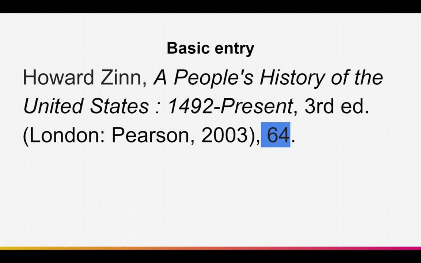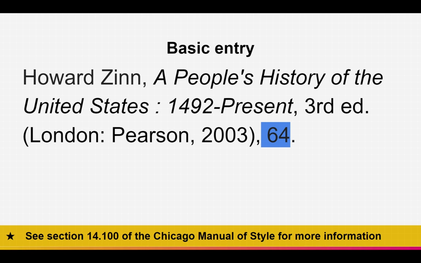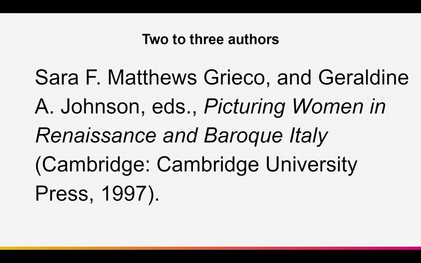So that's going to be some basic stepping stones for many book citations. There are going to be some variations, of course. For instance, what if you have 2 or 3 authors? Well, most of the information is going to be the same.